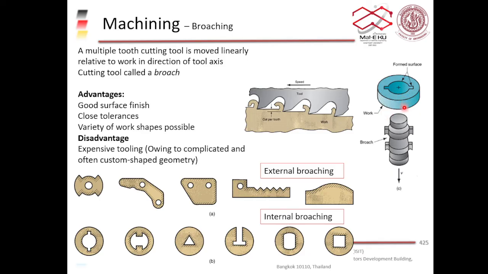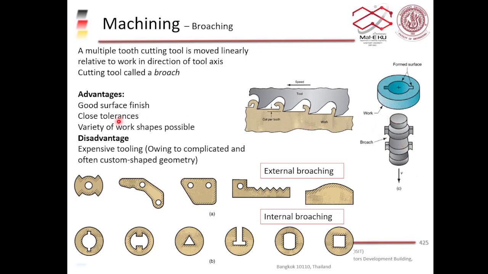Okay, so imagine this broach on top of this workpiece here, right? So you're moving the broach down here, and it will produce this surface. You can produce an internal hole and a slot using a broach.